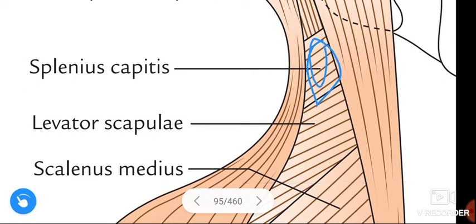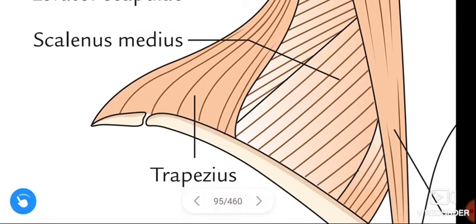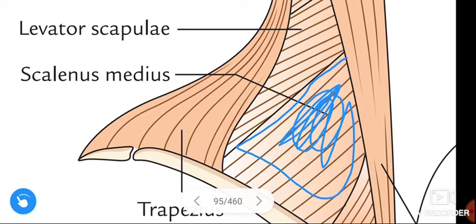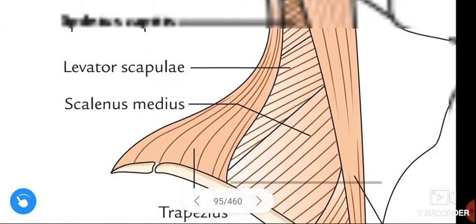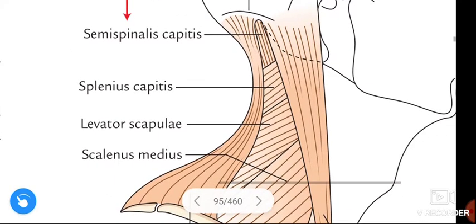Next, this is the splenius capitis. Third, this is the levator scapulae. And fourth is scalenus medius. These are the four muscles that form the floor of the posterior triangle.